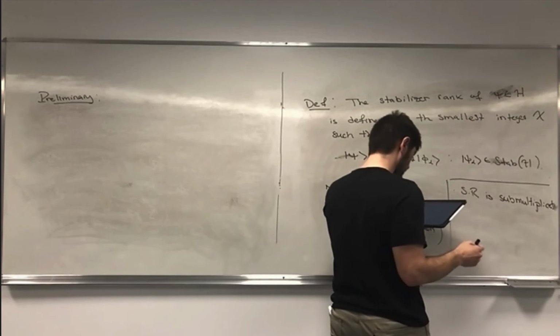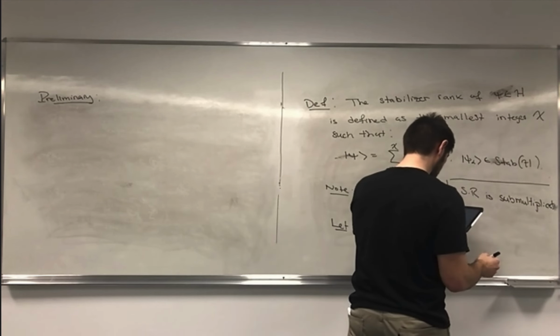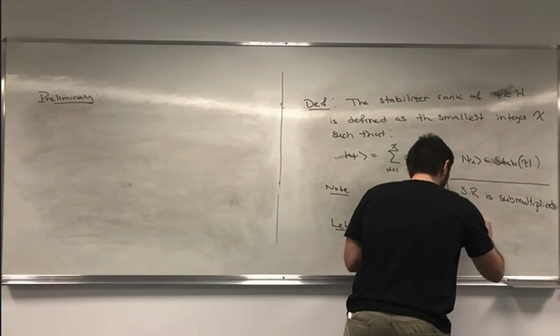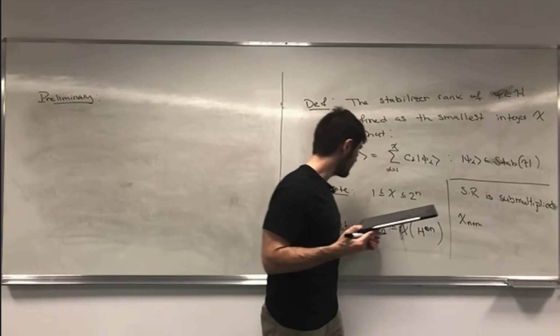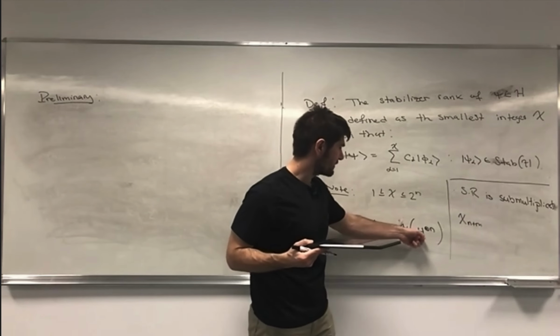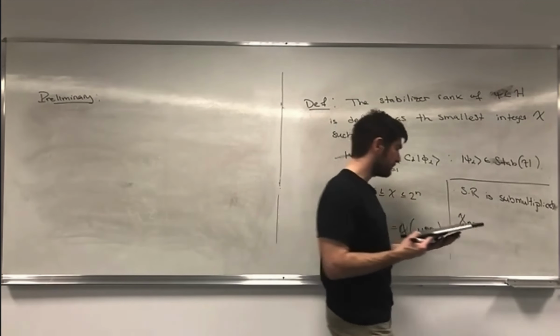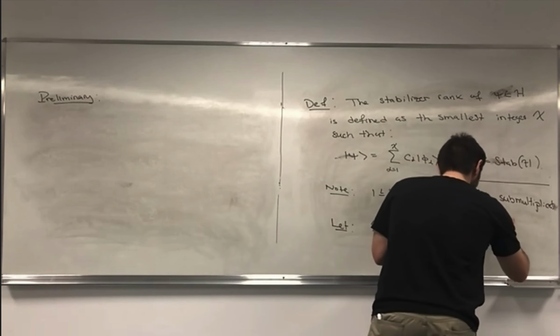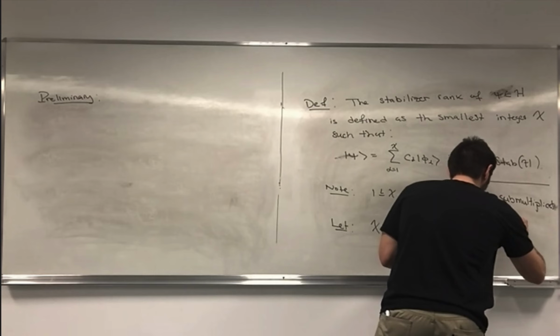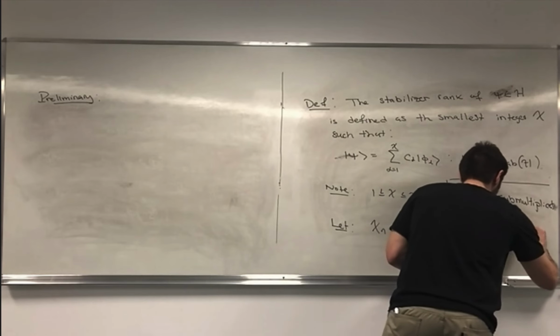What does that mean? It means that chi of n plus m, the stabilizer rank when I have h as a tensor factor of n plus m factors, has to be less than or equal to chi n times chi m.